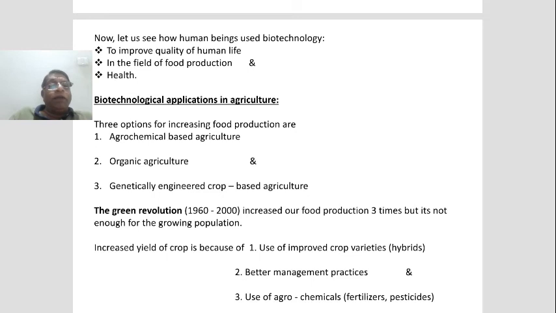In modern agriculture we make use of many pesticides, insecticides, fungicides, bactericides, rodenticides to control the rats. So using all these, agrochemical based agriculture is in practice, and we are able to produce the food.